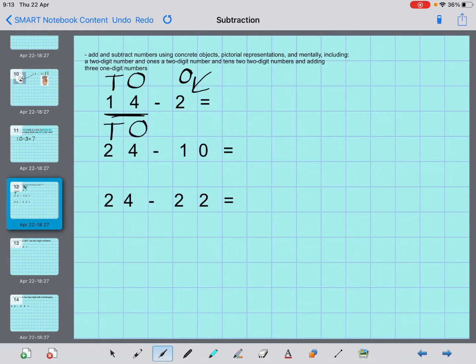We would be looking at taking away 10 from a 2-digit number, where we know that only the tens column would actually change and the ones column would stay the same because I'm doing nothing with the 0. And then we would also look at subtracting 2 2-digit numbers away from each other.